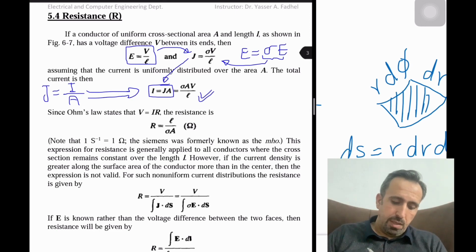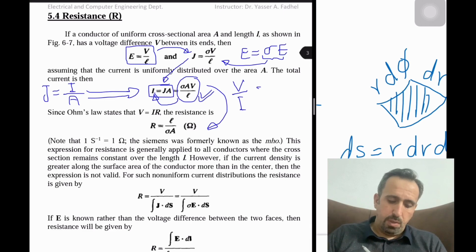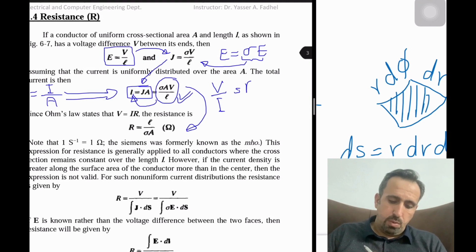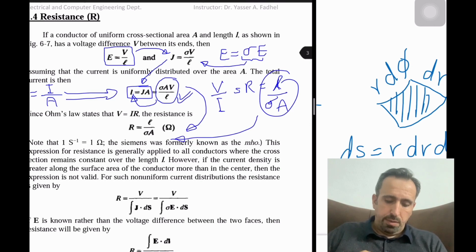As previously we concluded this relation between current and voltage, you can conclude this equation by saying voltage over current will be equal to R, and at the same time will be equal to L over sigma A. Okay, which has been concluded here.